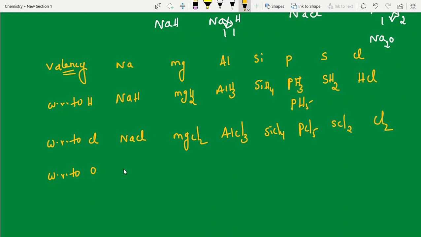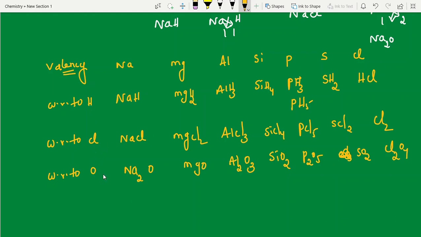This is Na2O, MgO, Al2O3, SiO2, and P2O5, P4O10, generally we are seeing P2O5 here. Next sulfur also has 2 oxides, SO2 and SO3, and this is Cl2O7. So these are the compounds with hydrogen, with chlorine, with oxygen.